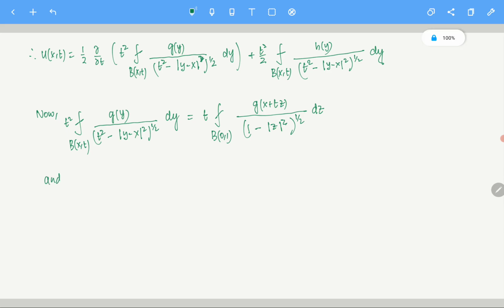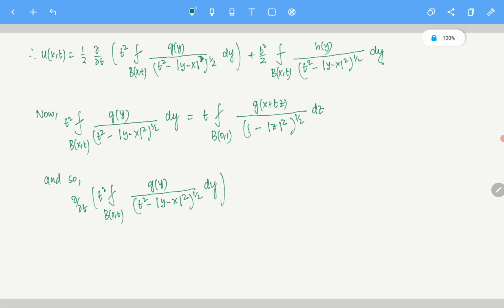And so what do you have? We have this calculation, del t of t square, the average over B(x,t) of g(y) by t square minus |y minus x| square whole power half dy.